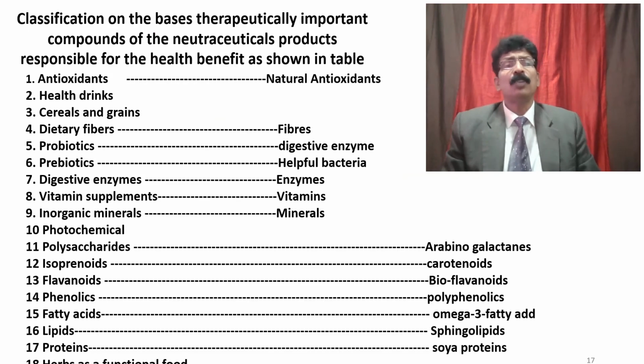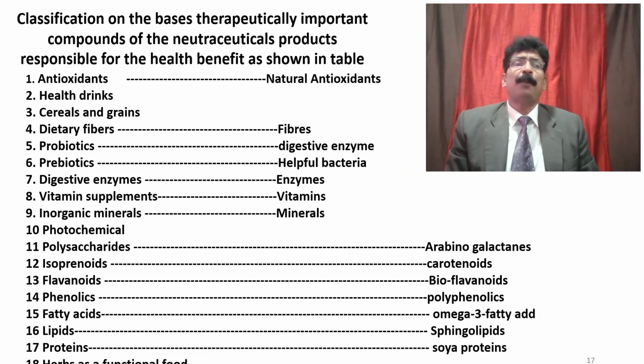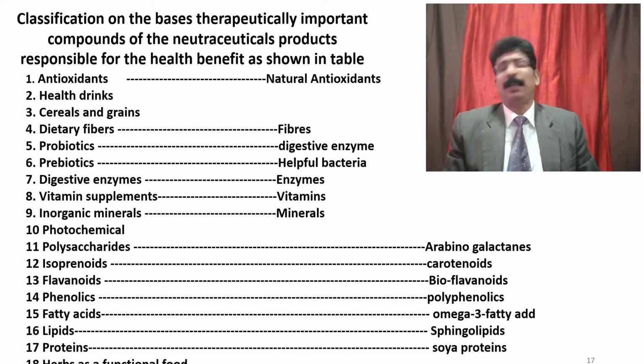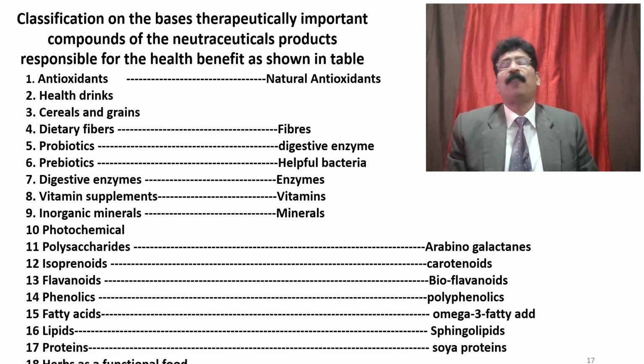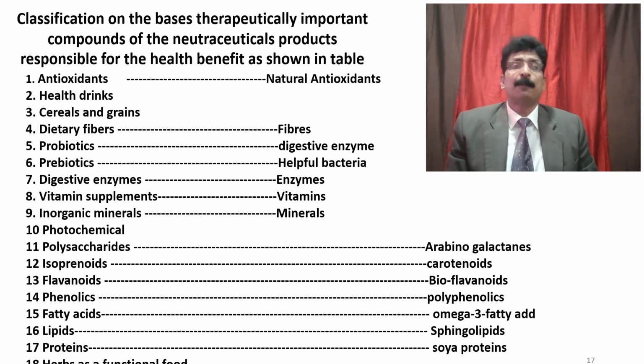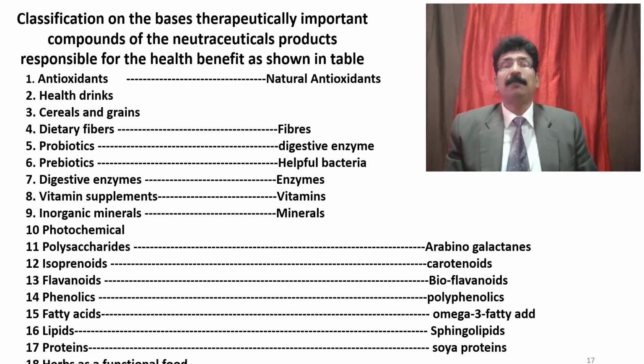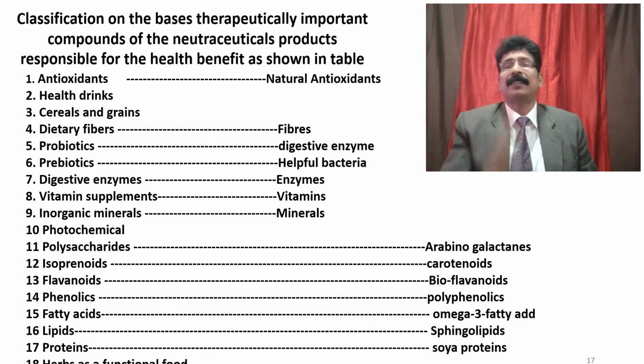So, classification on the basis of therapeutic importance: I just made a tabular column, with compounds and simple examples, just to have a discussion on compounds of nutraceutical products responsible for herbal health benefit. You can see in this table, it's not a table, I just made a line.